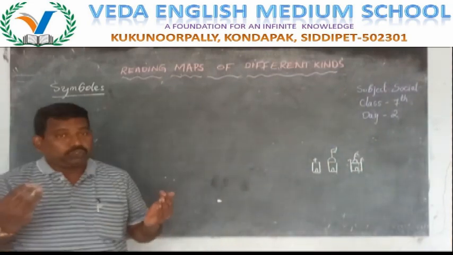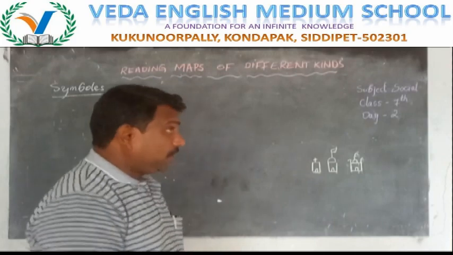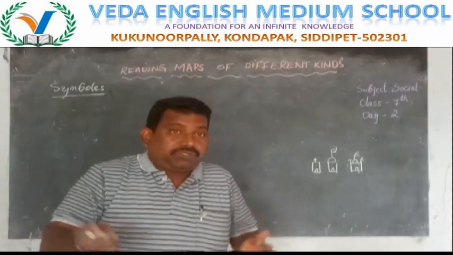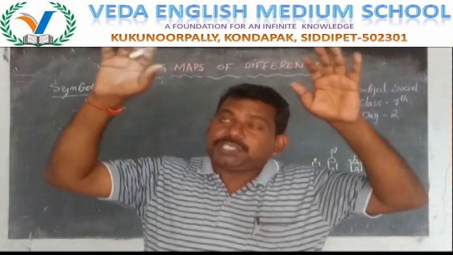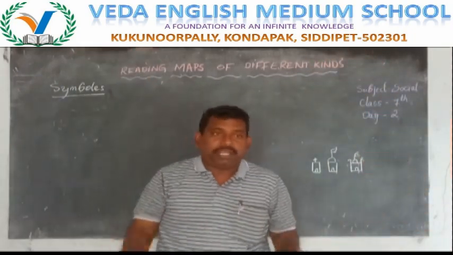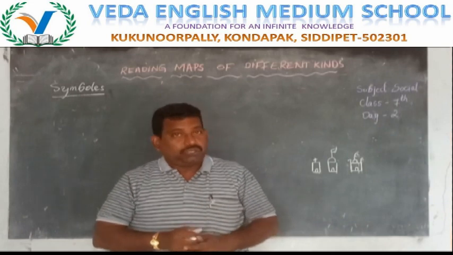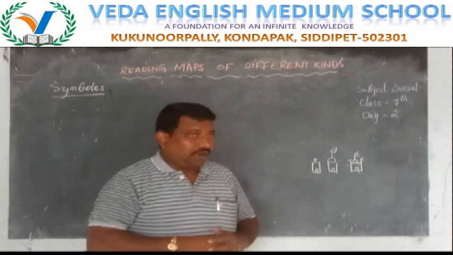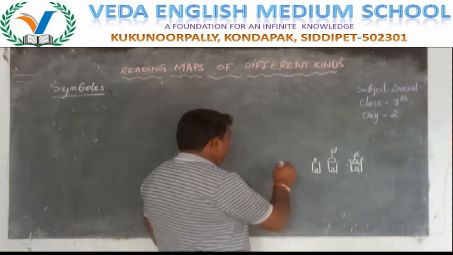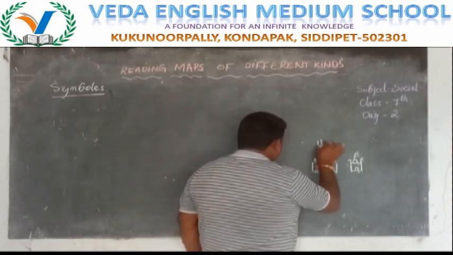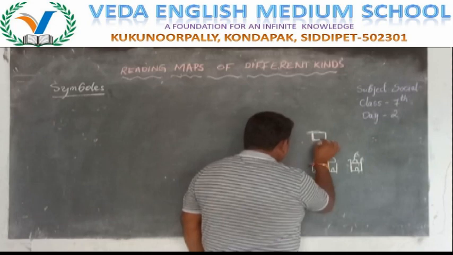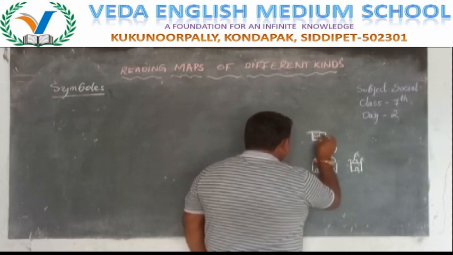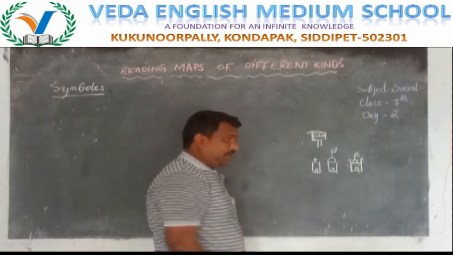If you want to show a school building, ours is a big building, we cannot draw this big size building on the map. So that is the reason we use the symbol of the school. Like this we show the symbol.